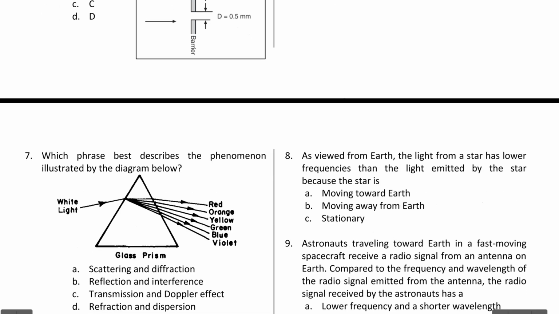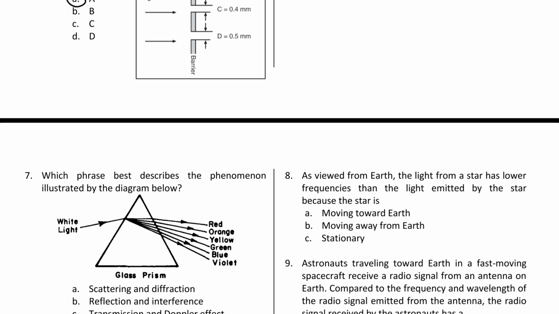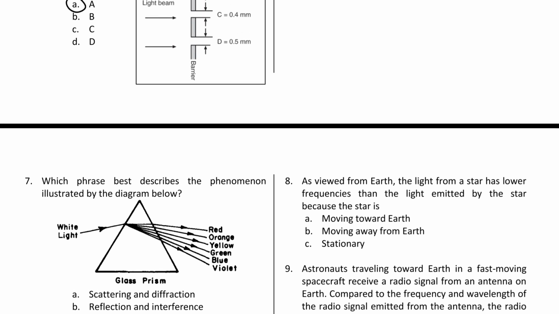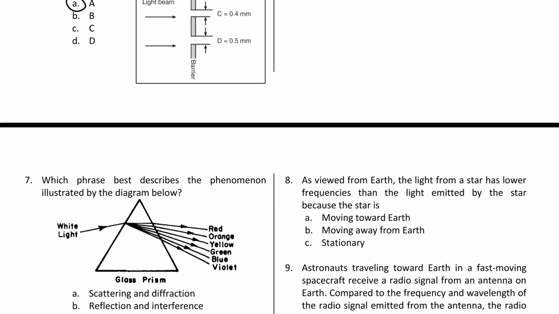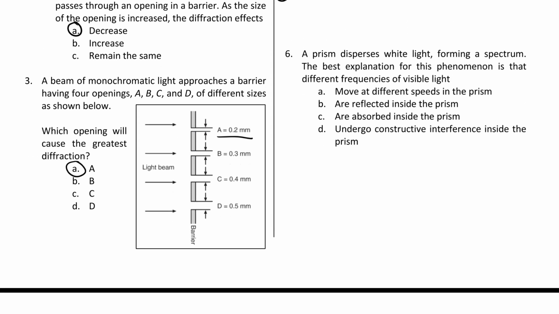Well, if you remember what refraction is all about and why the light bends, the light ends up bending because it slows down through the different medium. So the violet light will slow down more than the red light does when it enters the new medium. Now we're talking about refraction. The different frequencies move at different speeds, which causes them to refract differently.